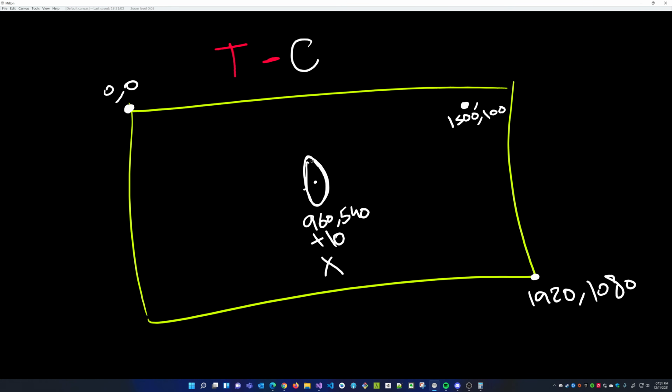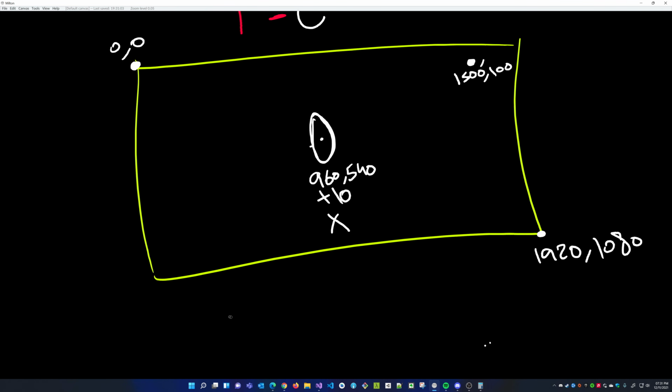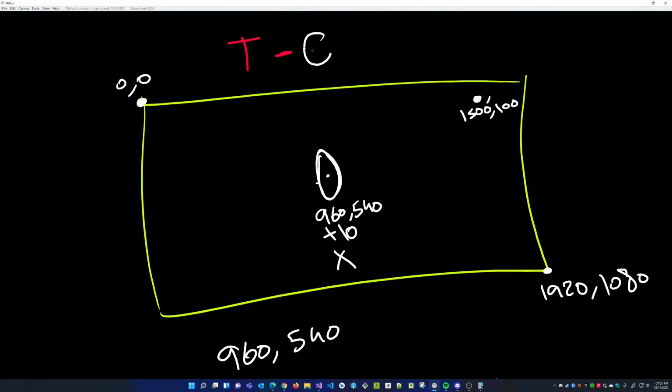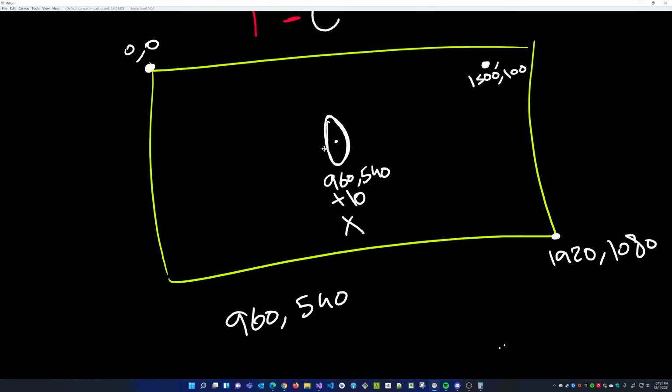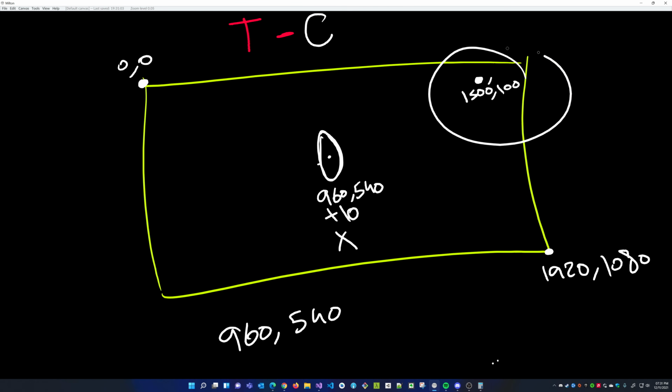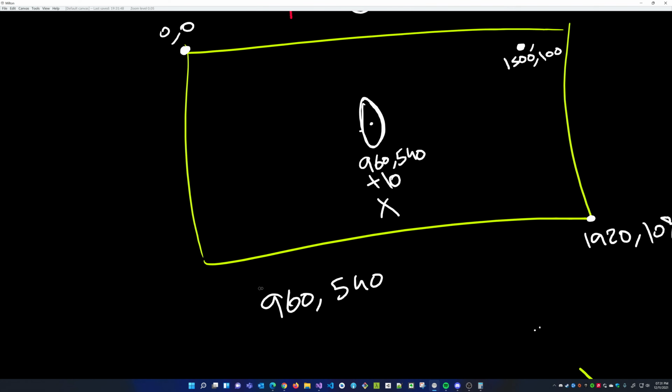Now the question is, where's my current location? This is my current location over here, 960 and 540. What is the target? My target is over here, I want to go here. That's 1,500 and 100.